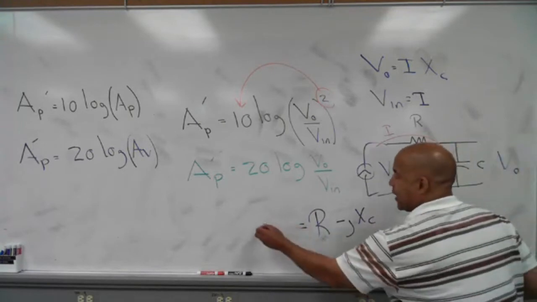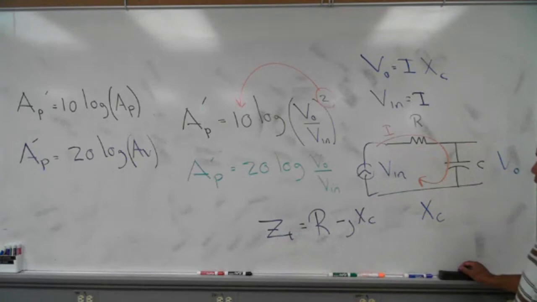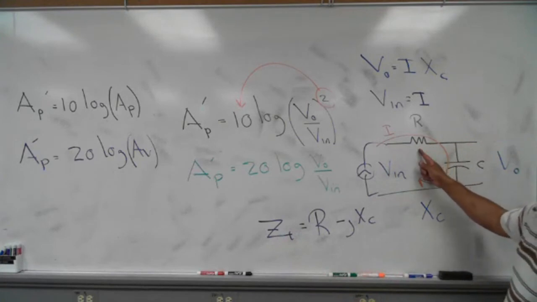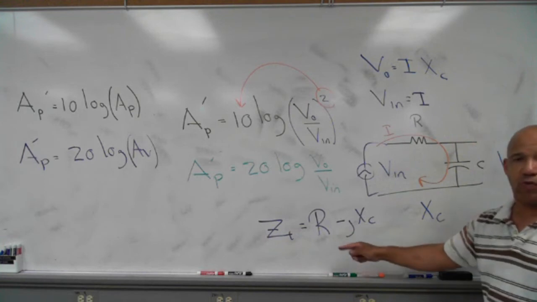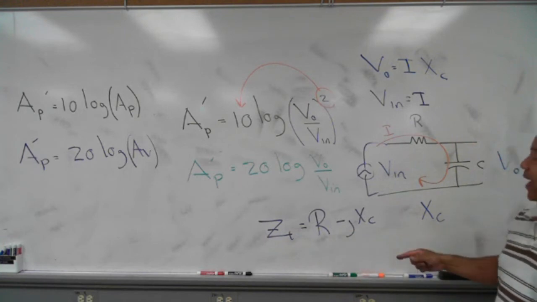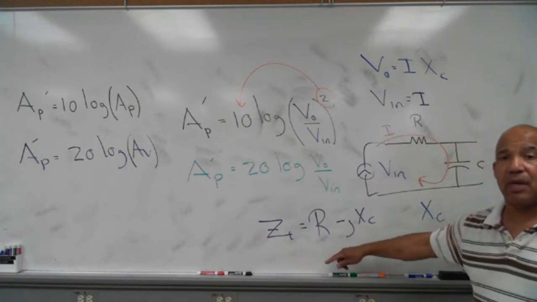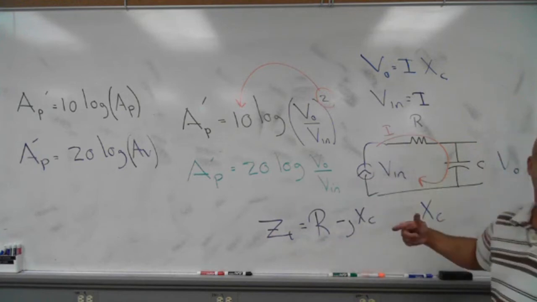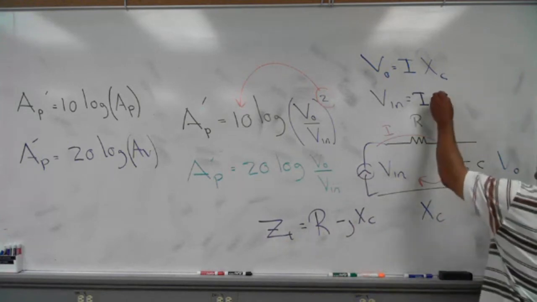But all that is the total impedance. That's ZT, or just Z. If I take the resistance and the reactance, that's the impedance. Now I can show that in polar form or rectangular form, it doesn't matter. Either way, if I take the current times the total opposition, that is the current times the total impedance, that'll give me V in. This will be I times ZT.